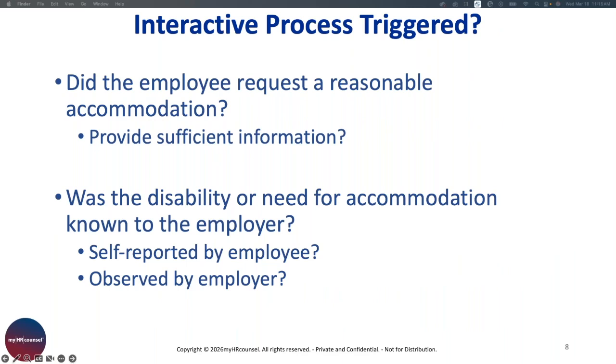Or if an employer reasonably believes the disability prevents the employee from requesting a reasonable accommodation. So a couple of different ways that this can get going are somebody asks for an accommodation, or you see that somebody might be struggling medically to be able to do their job. Under that circumstance, you as an employer should start the interactive process.